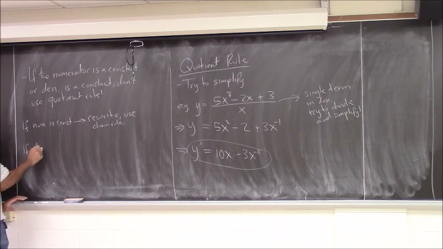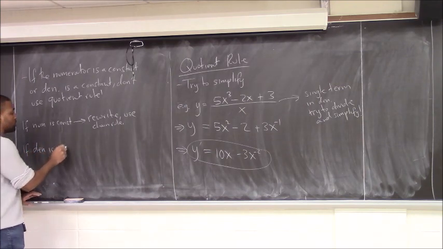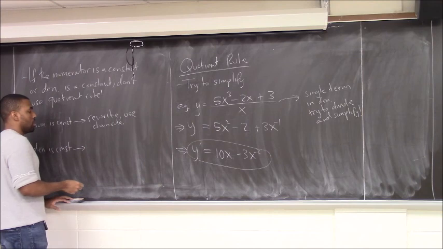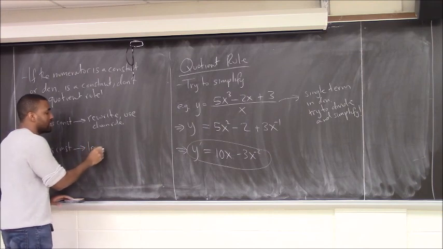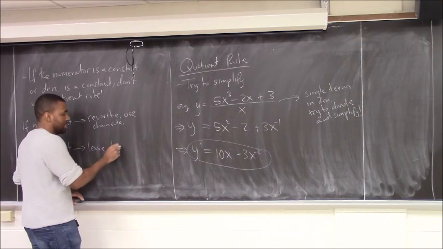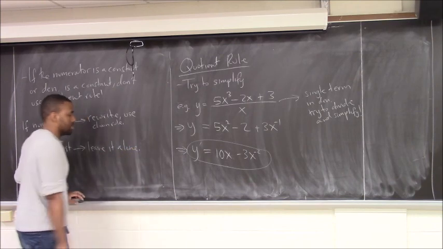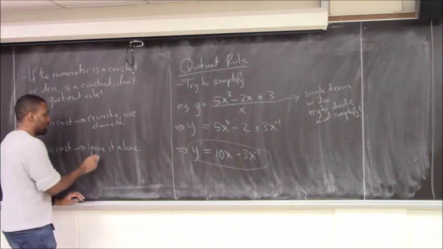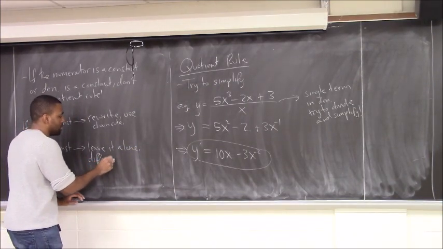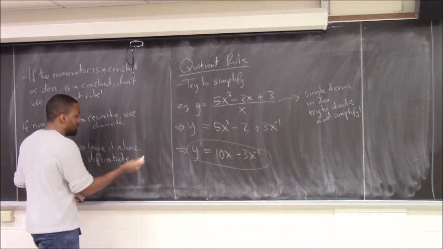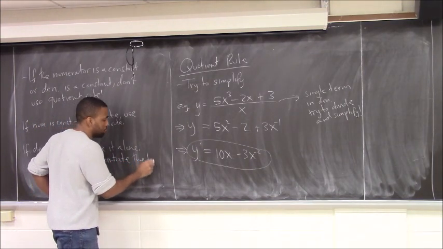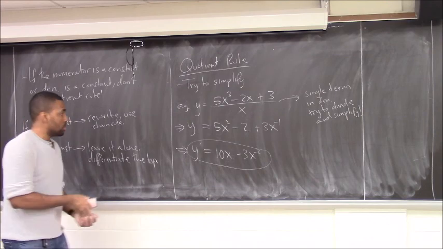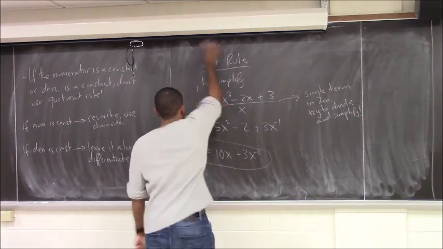If the denominator is a constant, you can essentially just leave it alone. You can just ignore it and differentiate the top. So you differentiate the top, leave the bottom alone. So let's see some examples of that.